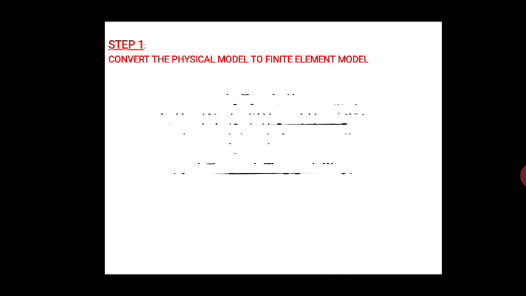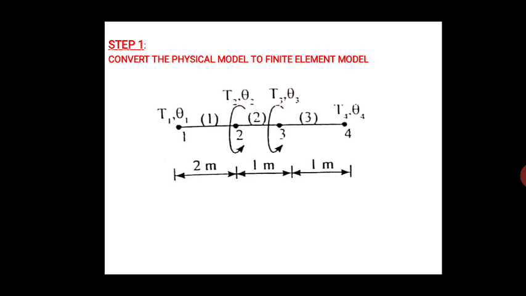Now we will go for step 1, that is convert the physical model to finite element model. This is a bar and it has been divided into 3 parts, so we will be considering it as 3 elements, that is element 1, element 2 and element 3. The element length of element 1 is 2 meters, the second element has an element length of 1 meter, and the third element has an element length of 1 meter.